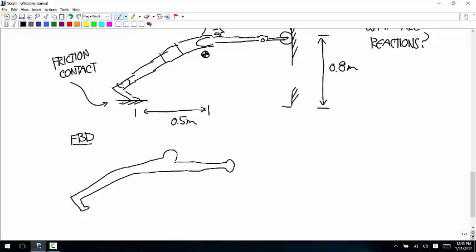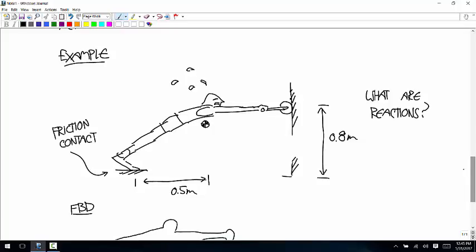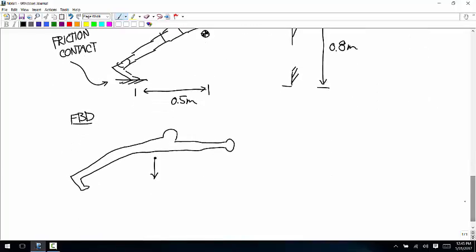So it's a force perpendicular to the surface it's rolling on toward the chosen body. So the forces we have are the weight acting at the center of mass. Oh, I didn't give a mass. 80 kilograms. So 80 times 9.81 is 784.8.